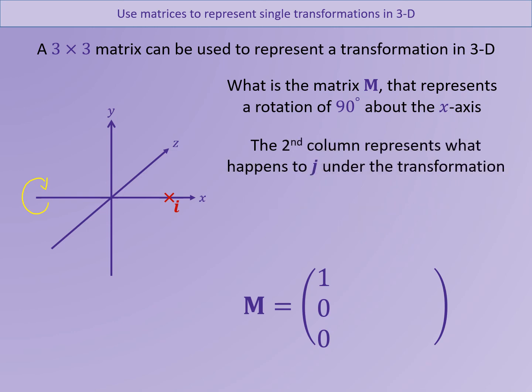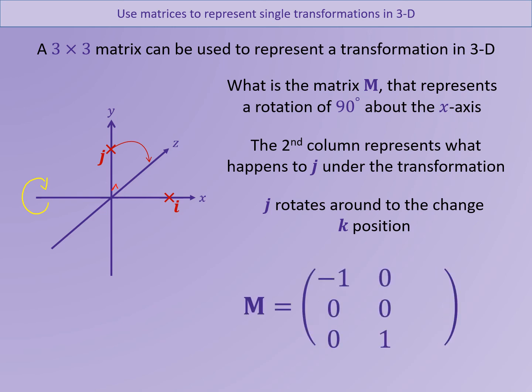Let's take a look at J, which is positioned on the y-axis. So as this rotates round 90 degrees, now as you visualize this, each of these axes are at 90 degrees to each other. So as this rotates round, it moves into the position of where K would have been. Now J has the position of 0, 1, 0, and if it's moving to the K position, it moves to 0, 0, 1.